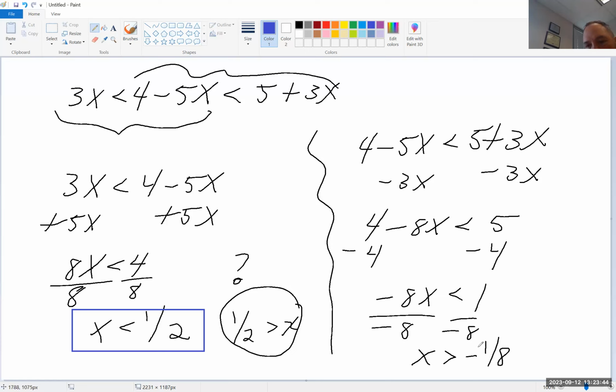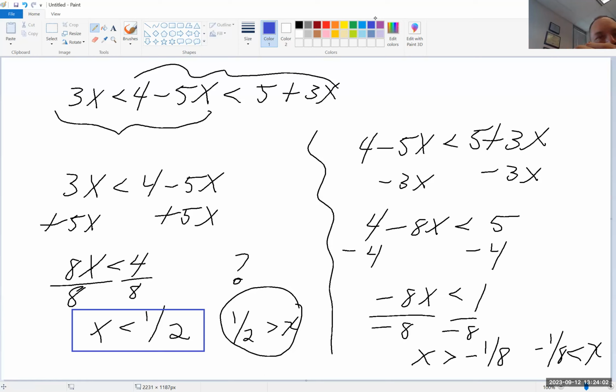The rewriting of this one is that negative 1/8 is less than x. So it's that.